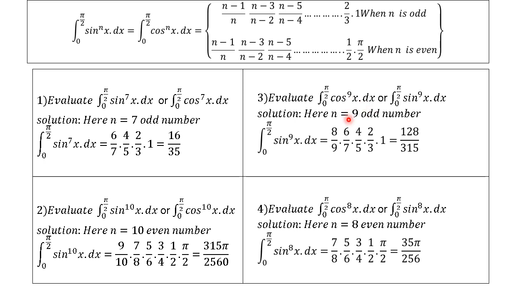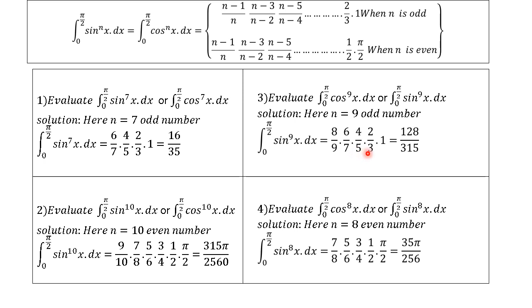Here n is equal to 9 means it is an odd number. Yes. Here 9 minus 1, that is 8. Here n is 9. 2 less than 8 is 6. 2 less than 6 means 4. 2 less than 4 means 2. In the denominator, 9 minus 2 means 7.